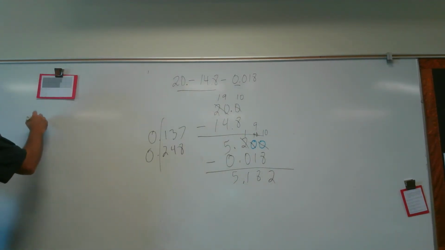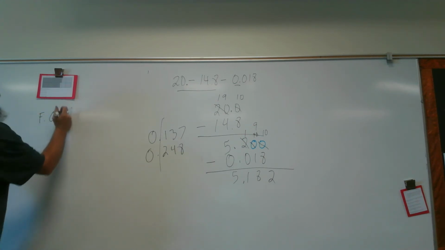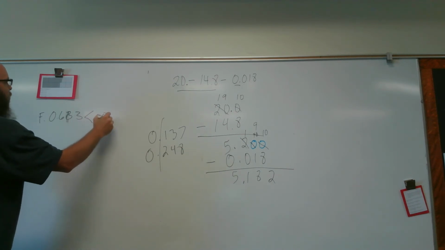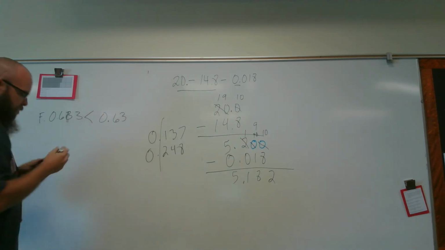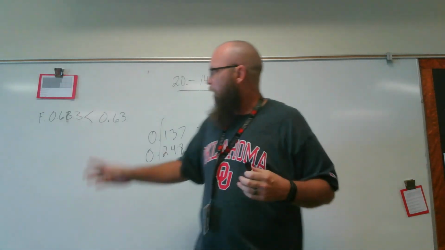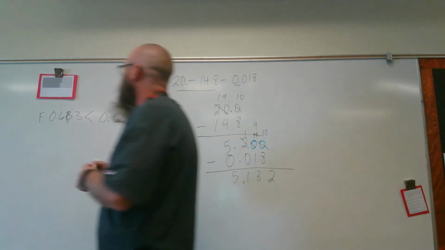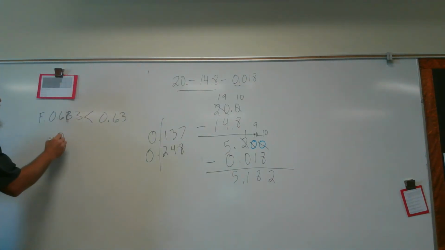Answer choice F says 0 and 633 thousandths is less than 0 and 63 hundredths. Many of you picked F, by the way. But you didn't line up the decimal points.